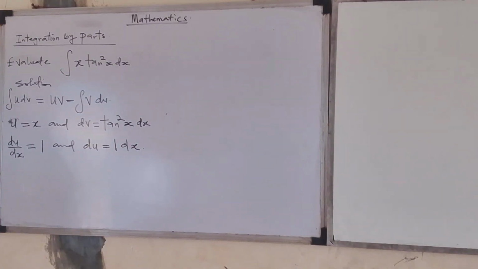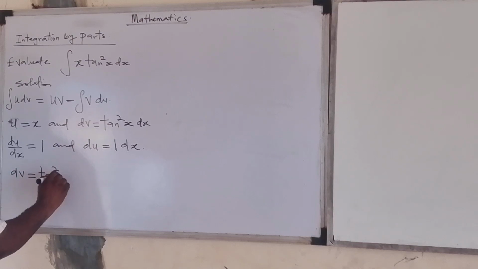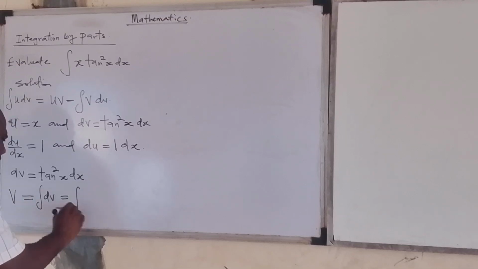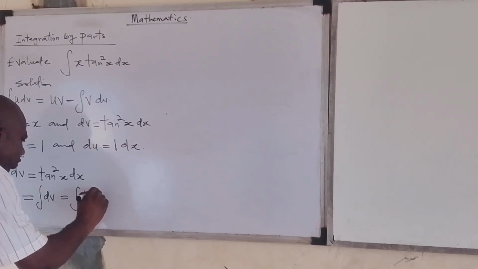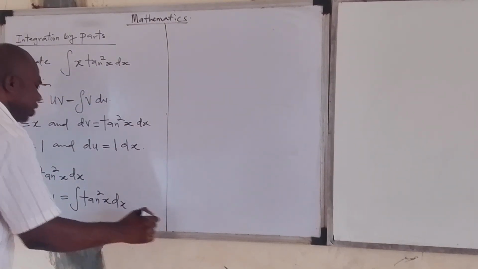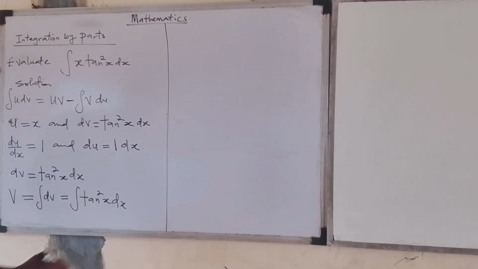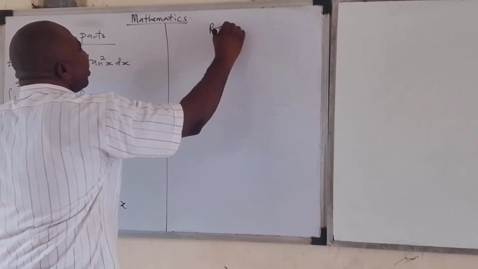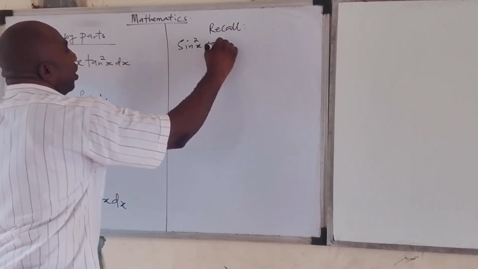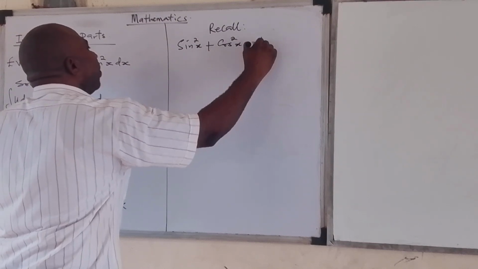Now, if dv is equal to tan squared x dx, it means v will be equal to the integral of tan squared x dx. Now let's look at the integral of tan squared x dx. Recall that sin squared x plus cos squared x is equal to 1.